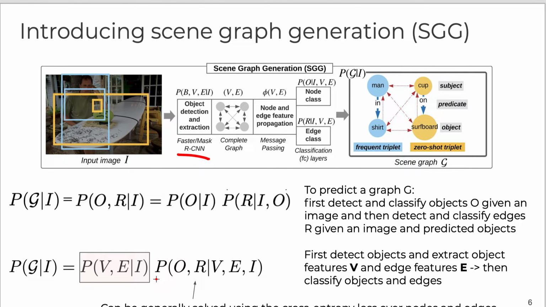Essentially, in the probabilistic sense, we just need to solve the problem of predicting objects and relationships.